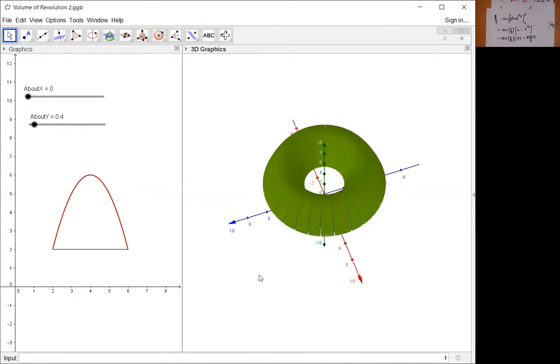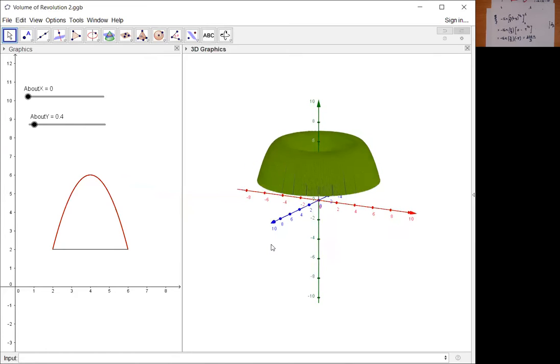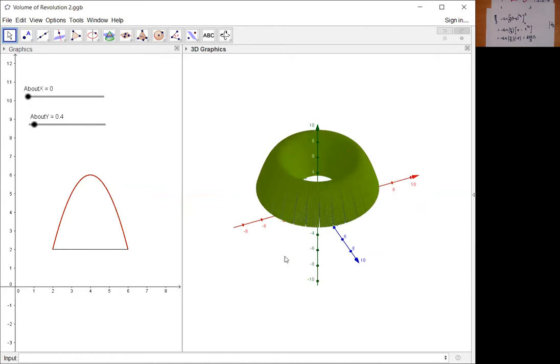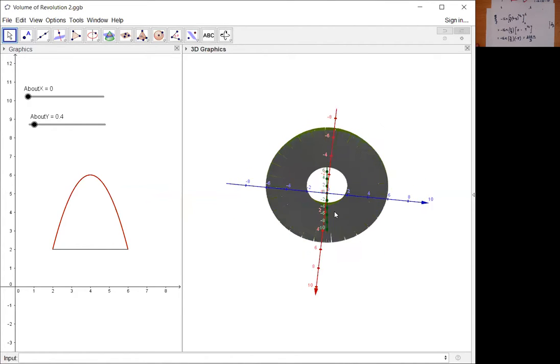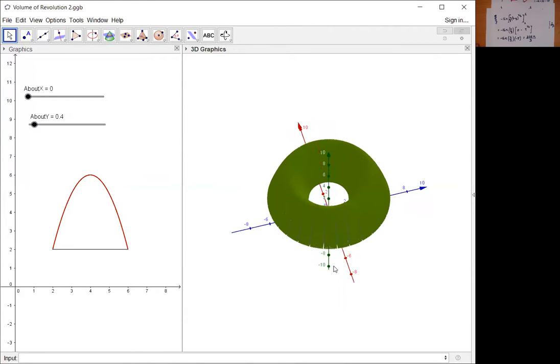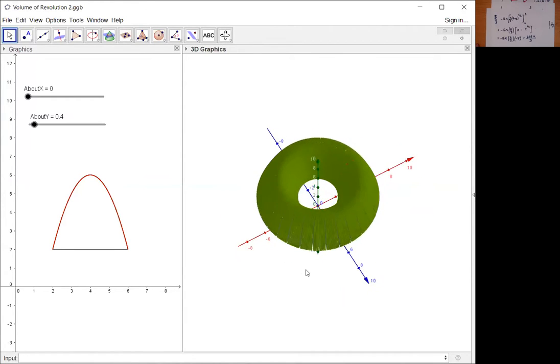What does that look like? Has anyone never seen a pound cake or a bundt cake or a Jello mold? I thought you meant like an actual shape, and I don't want to say something dumb. All right.